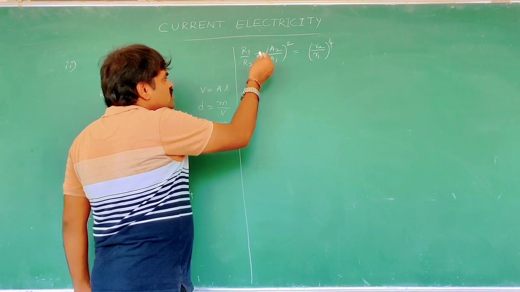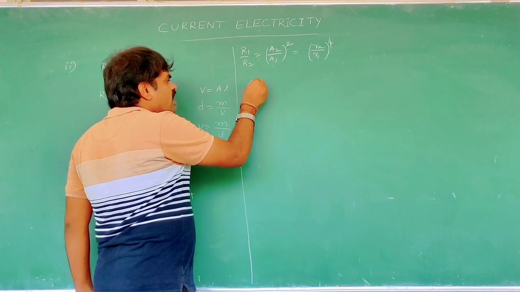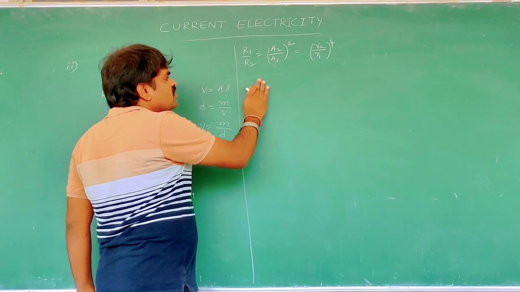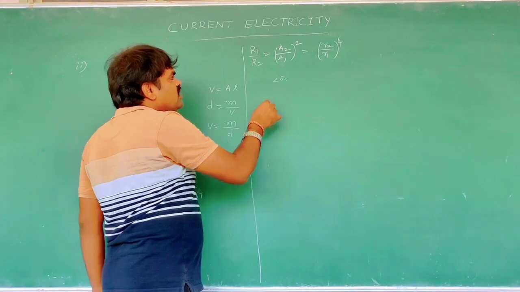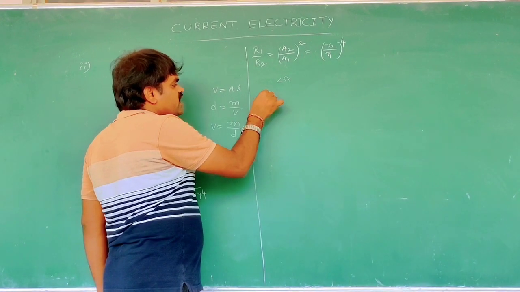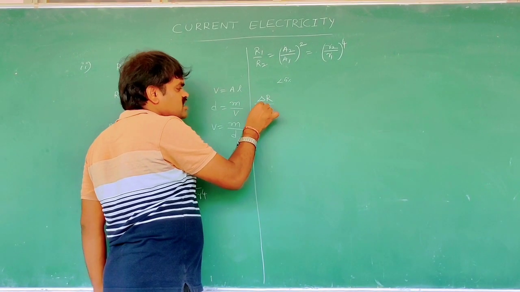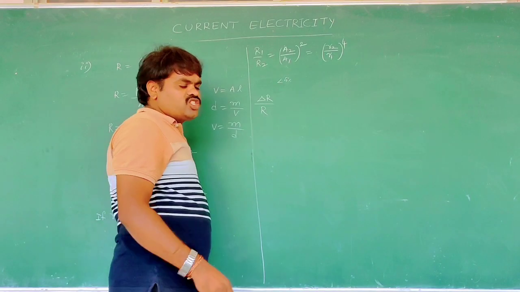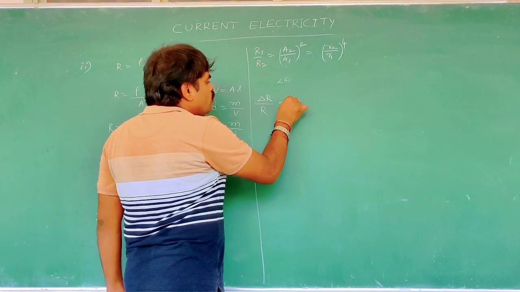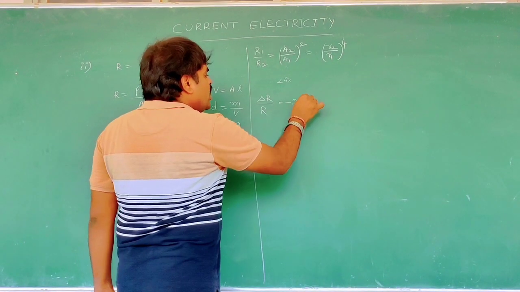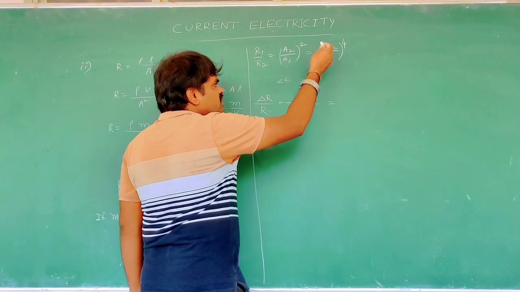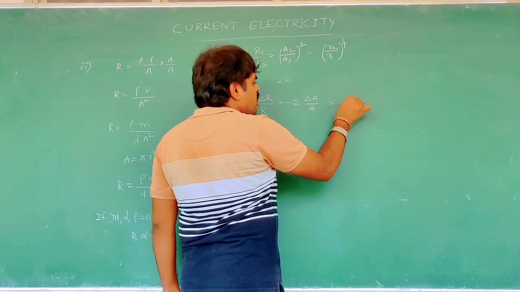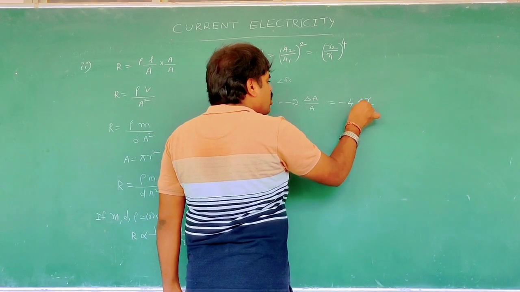Now for the measurement of area of cross section and radius, if the error is less than 5%, then we find the percentage of error in the resistance. Delta R by R is equal to minus 2 into delta A by A, or in terms of radius of cross section, minus 4 into delta r by r.